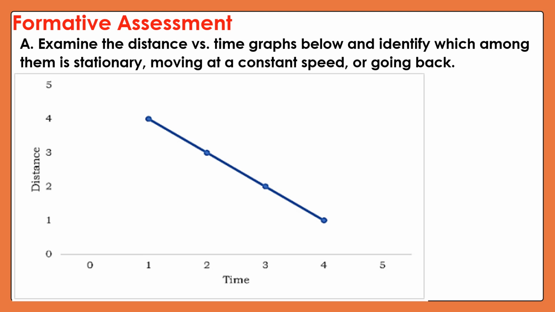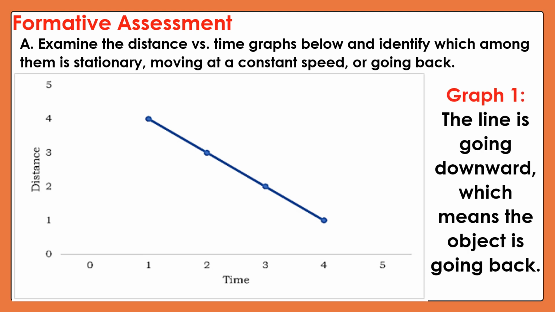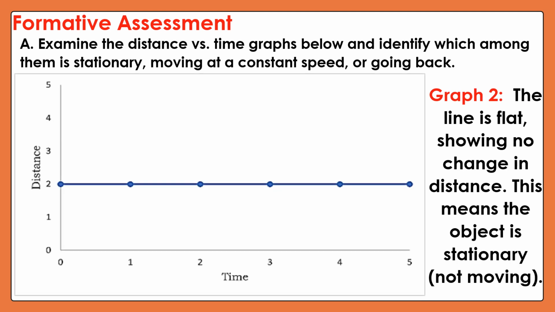Formative assessment. Examine the distance versus time graphs below and identify which among them is stationary, moving at a constant speed or going back. Graph 1. The line is going downward, which means the object is going back. Graph 2.